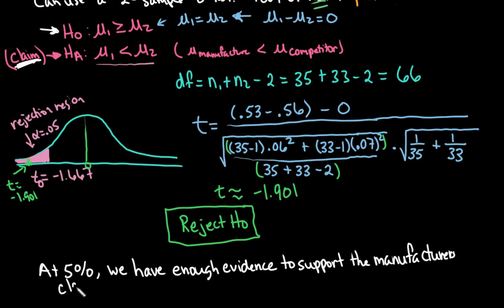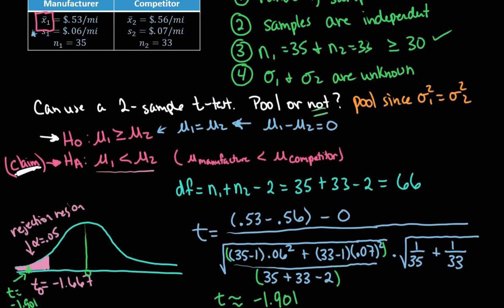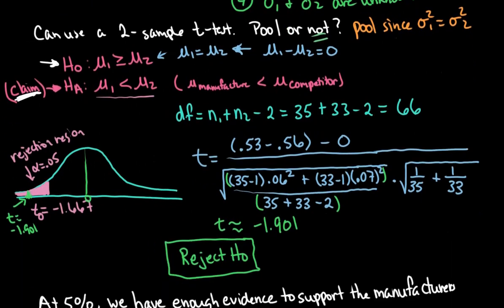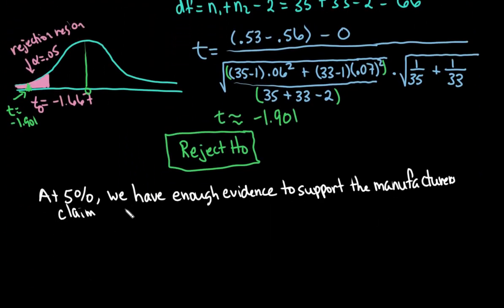And this is where you just go back up to the problem and restate the claim in word form. So we have enough evidence to support the manufacturer's claim that the mean cost to operate its car is less than that of its main competitor. So we have enough evidence to support the manufacturer's claim that the mean cost to operate, and I can't spell, I really can't spell right now, so let me fix that.